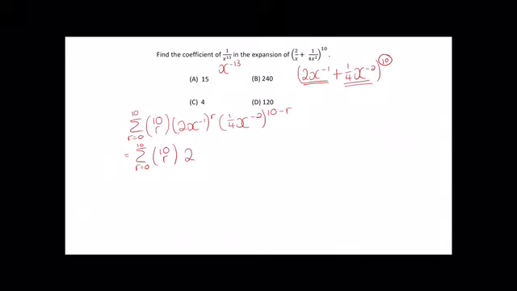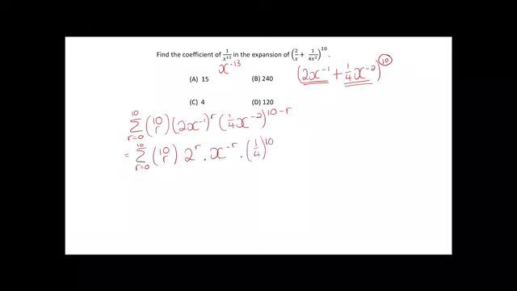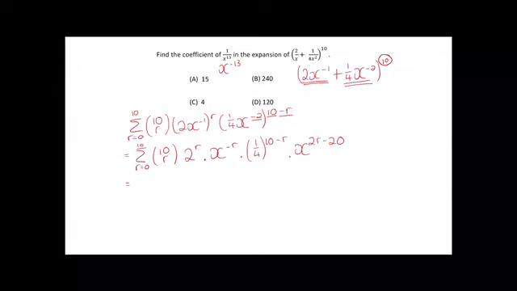Rewriting everything again, separating out my numbers, I've got 2 to the power of r times x to the negative r. Powers are powers, you're multiplying them together. I've then got my quarter to the 10 minus r, timesing it by x to the 2r minus 20. So that negative 2 gets multiplied by 10 and negative r to give me my 2r minus 20.